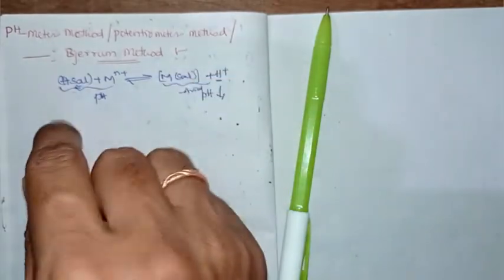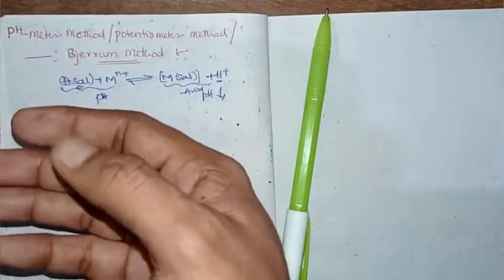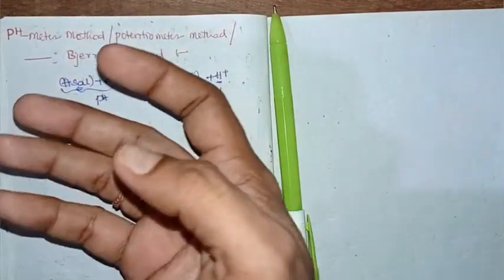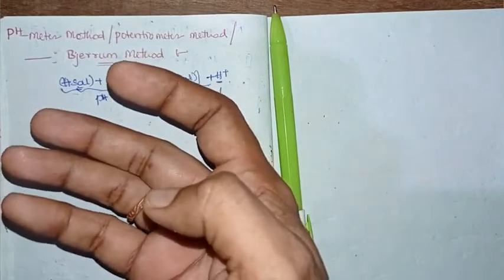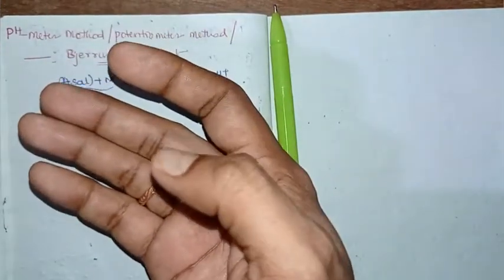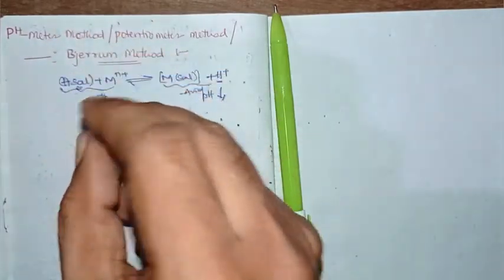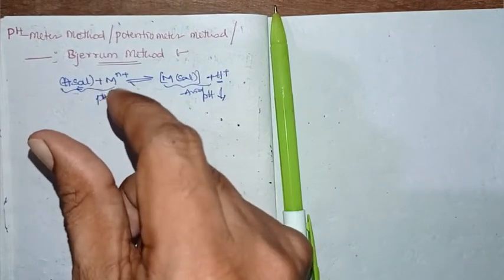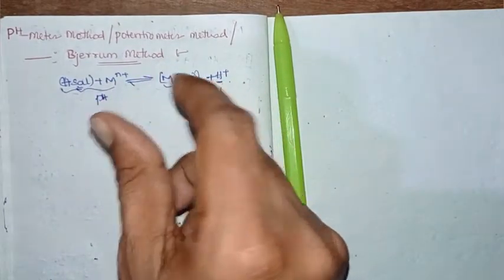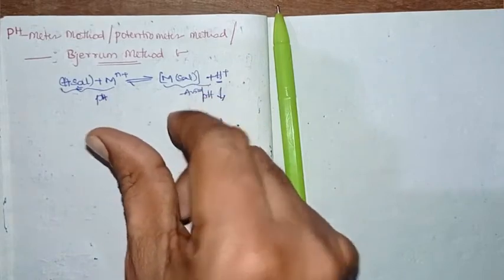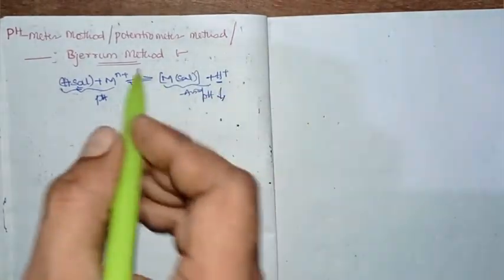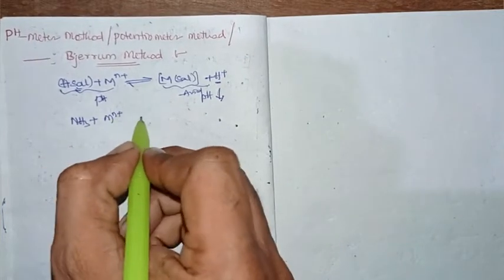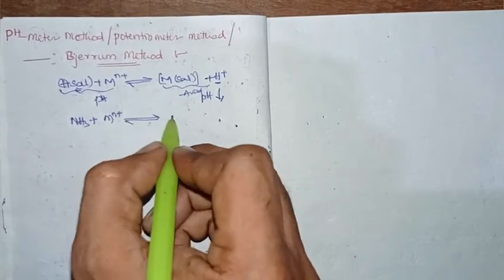Certainly, if we consider non-protonated ligands, such as ammonia, ammonia may not carry any proton, no? Even in this case we can observe a decrease in pH, while the non-protonated ligands combine with metal to result in a complex, which will also decrease the pH value after complexation. If we consider ammonia reacting with metal, what happens in this complexation?